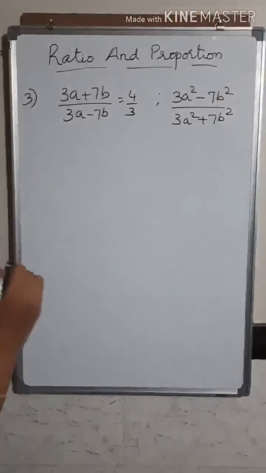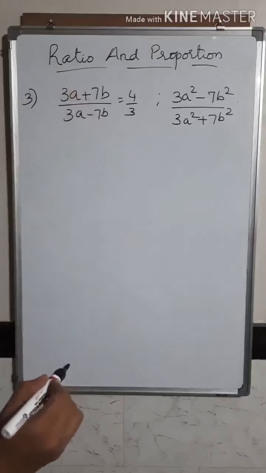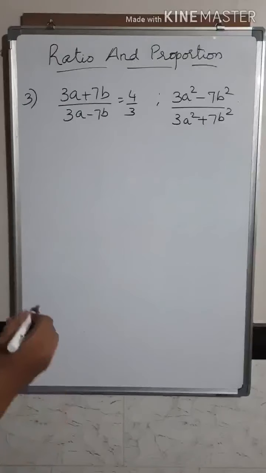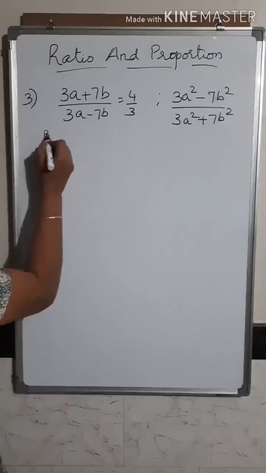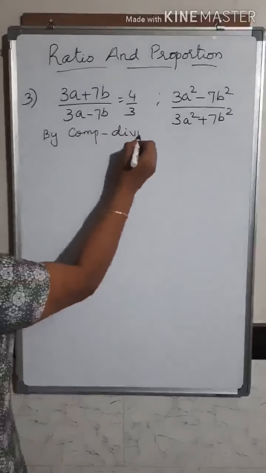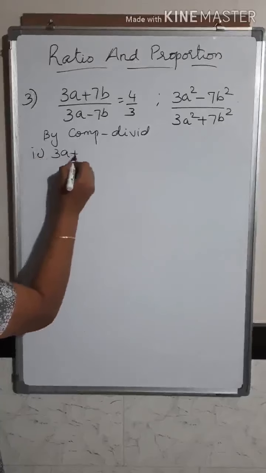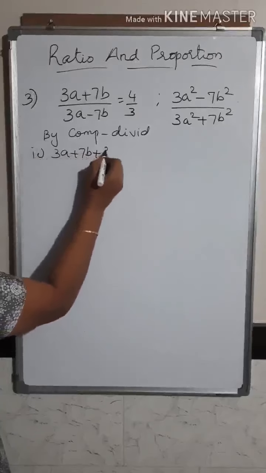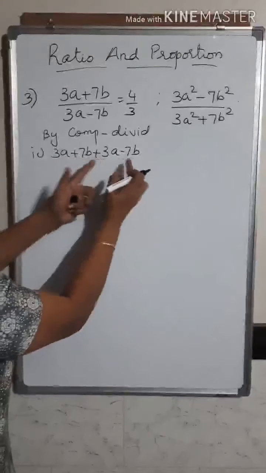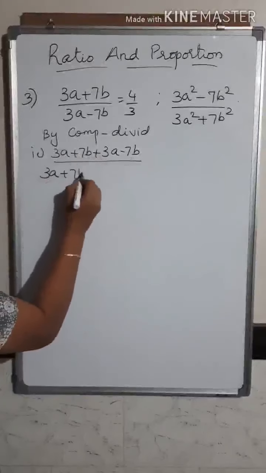Now to start with, since you have got addition and subtraction here, first use the property of componendo dividendo to get the value of a upon b. So by componendo dividendo, we get 3a plus 7b plus 3a minus 7b, numerator plus denominator, 3a plus 7b.